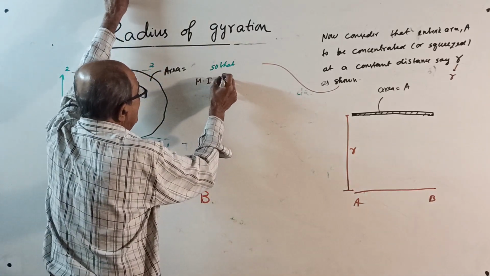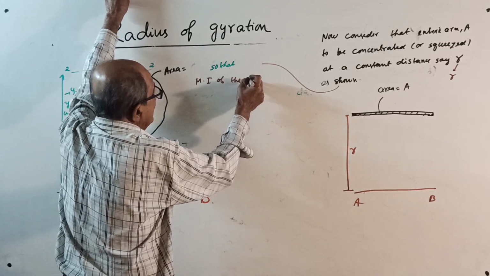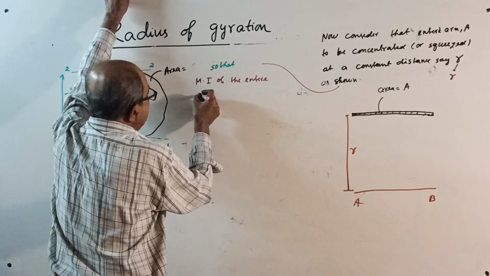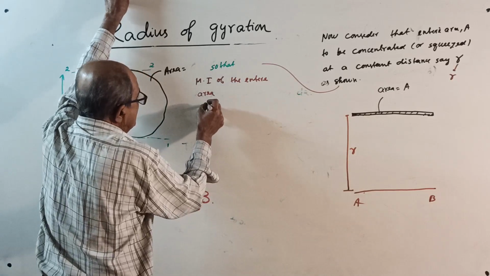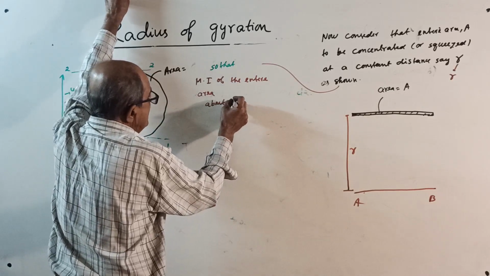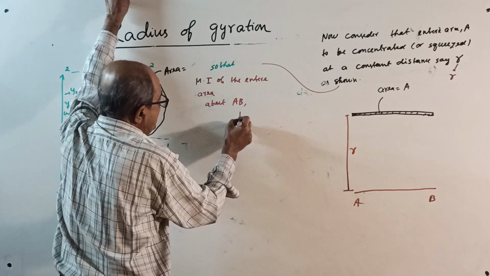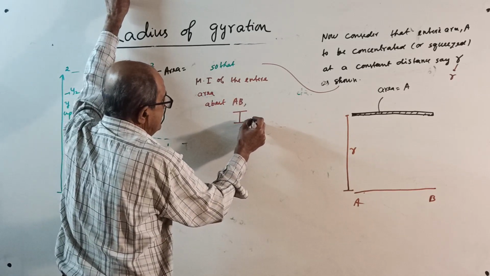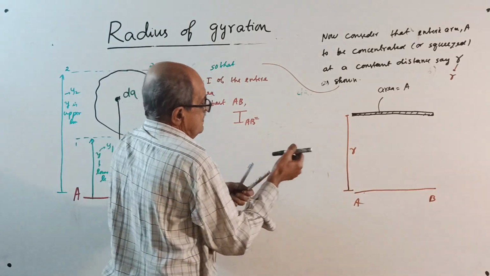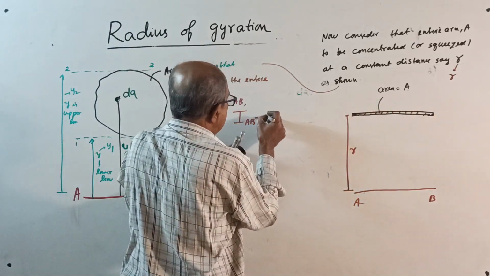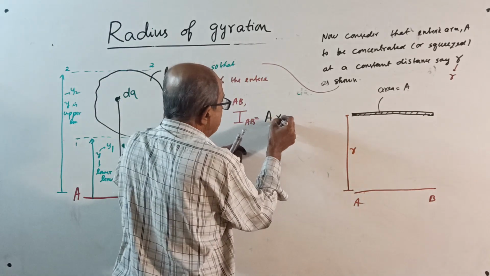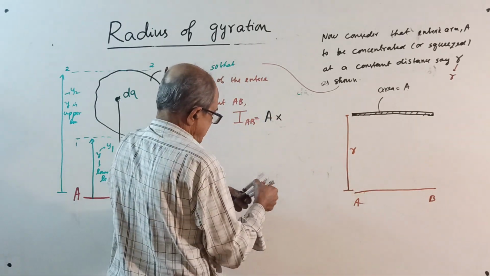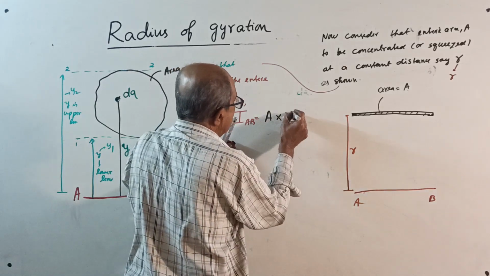moment of inertia of the entire area about AB, that is your I_AB, is equal to that area multiplied by that R square.